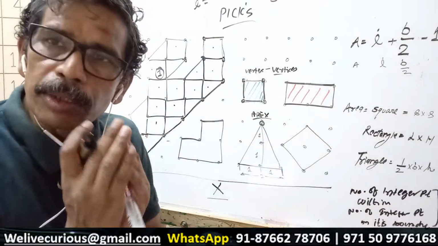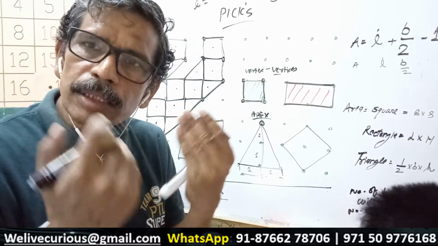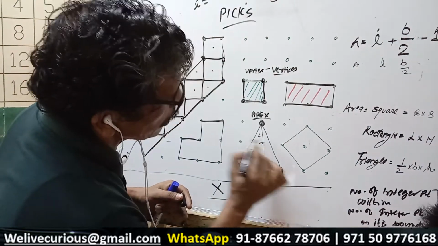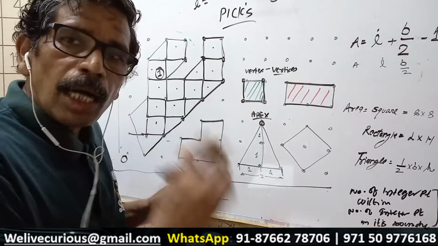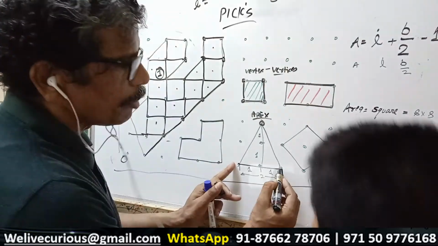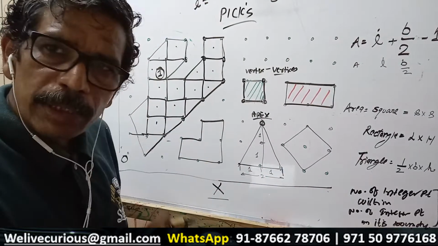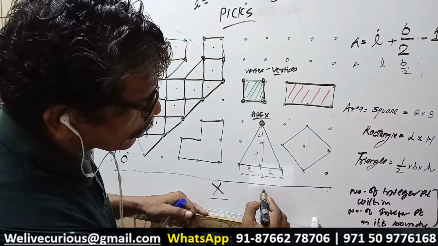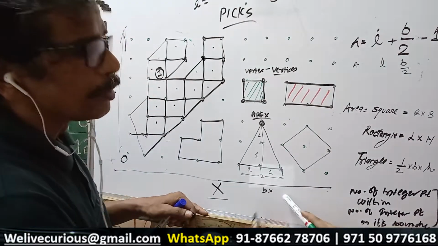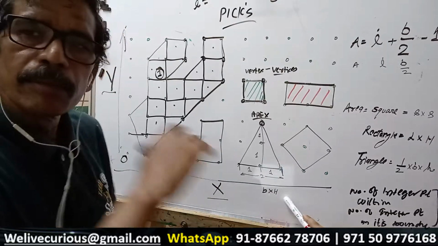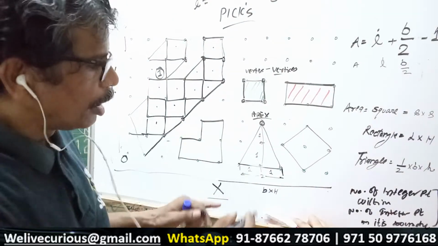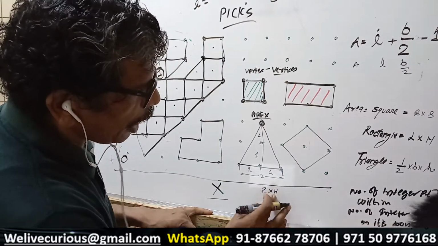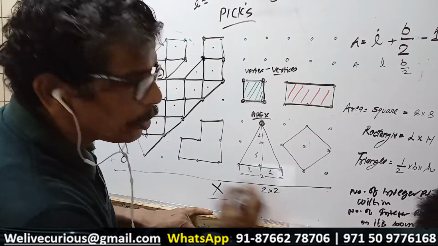Now what are we doing? We are doing the area calculation as per the standard formula. So height is how much? From here to here 1, here to here 1. So the height is 2 units and the base is 2 units. How do we calculate the area of a triangle? Very simply, base multiply height, make it half. That's all. Base is 2, height is 2.